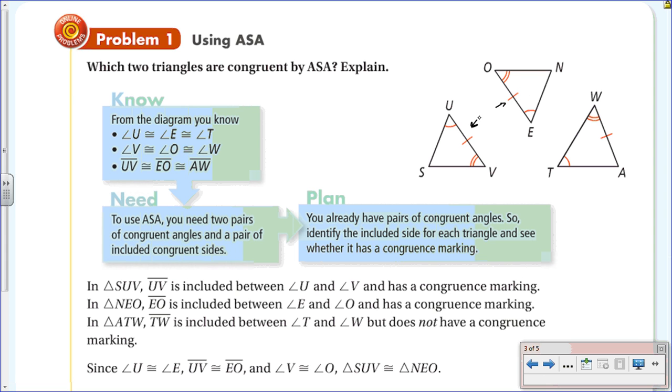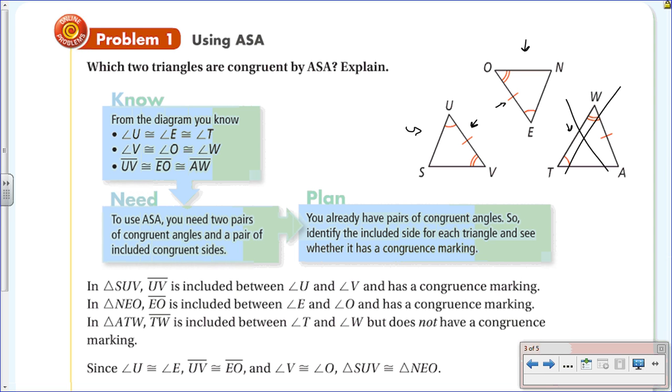But if you look at triangle ATW, line TW is included between T and W, but it does not have a congruence marking. So therefore, since we have two congruent angles and a congruent included side, that means that triangle SUV and triangle NEO are the congruent triangles, and triangle ATW is left out in the cold.